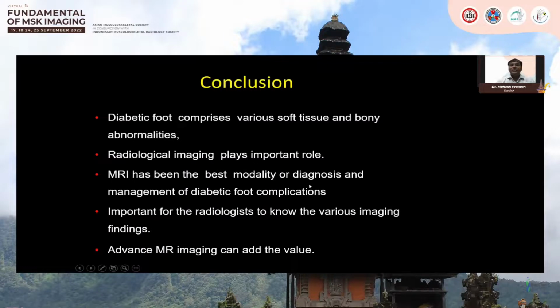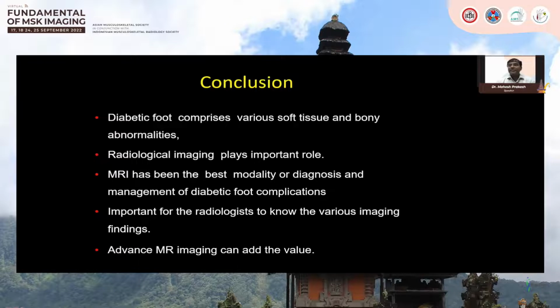So to conclude, the diabetic foot comprises various soft tissue pathologies as well as bone pathologies. Radiological imaging is very, very important, as we have seen that MRI is the best modality for diagnosis, and it can be useful for the management of these diabetic foot complications.